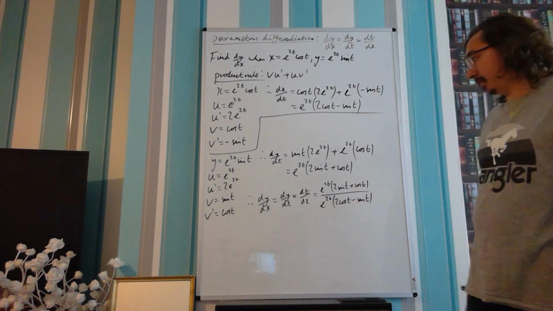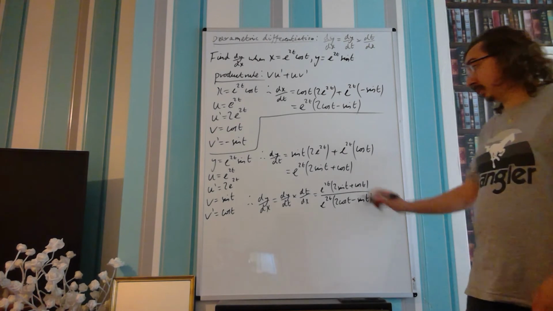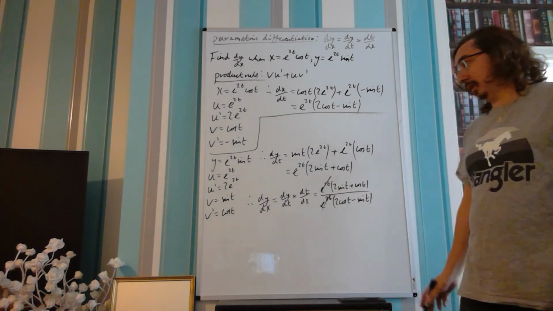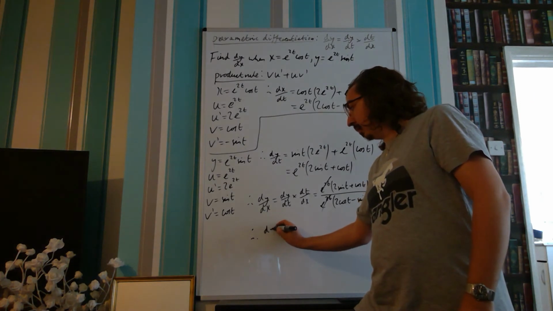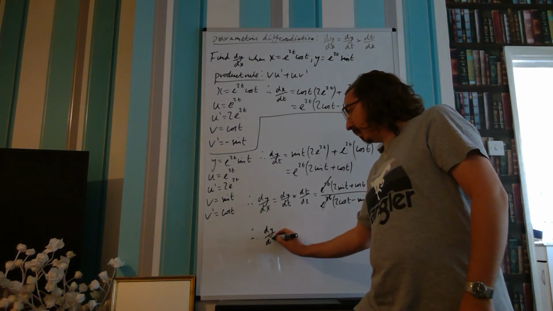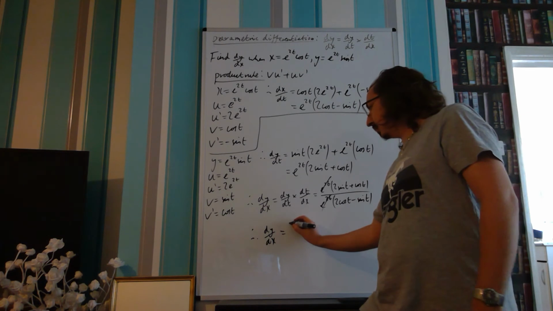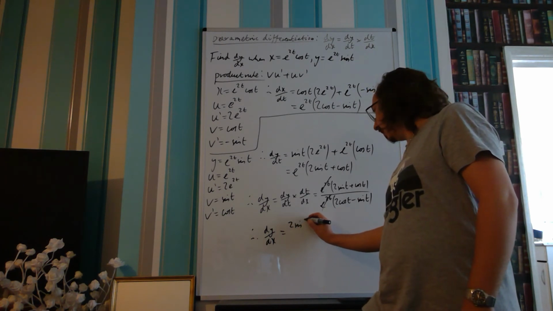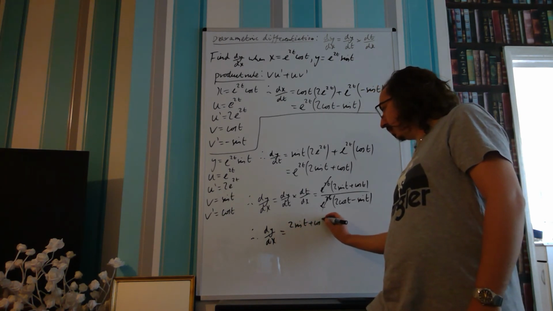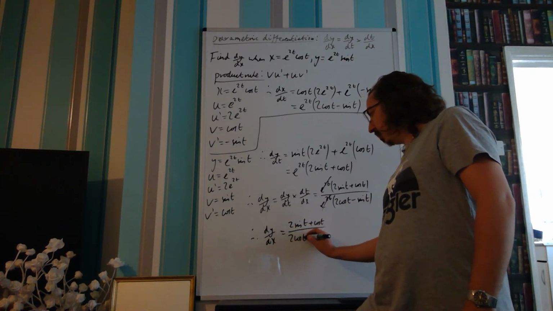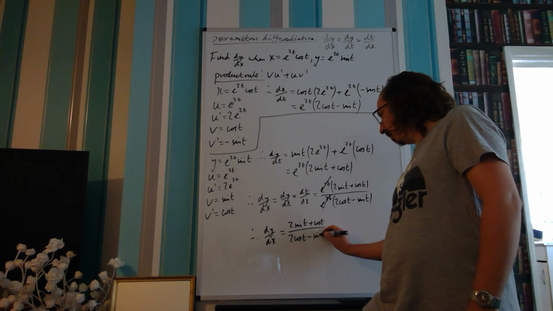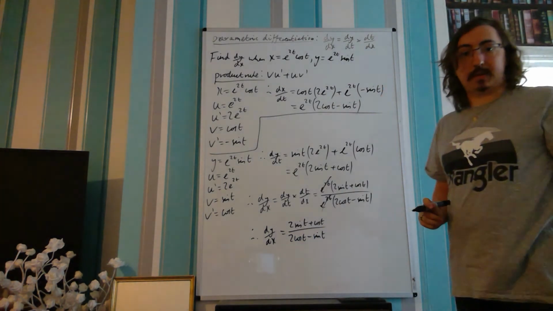The final thing that you should notice is our e to the 2t's are going to cancel. So therefore, finally, dy by dx is equal to 2 sin t plus cos t over 2 cos t minus sin t.